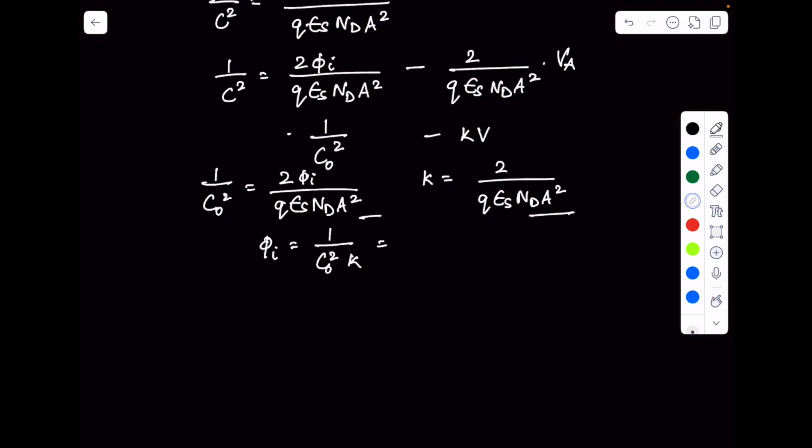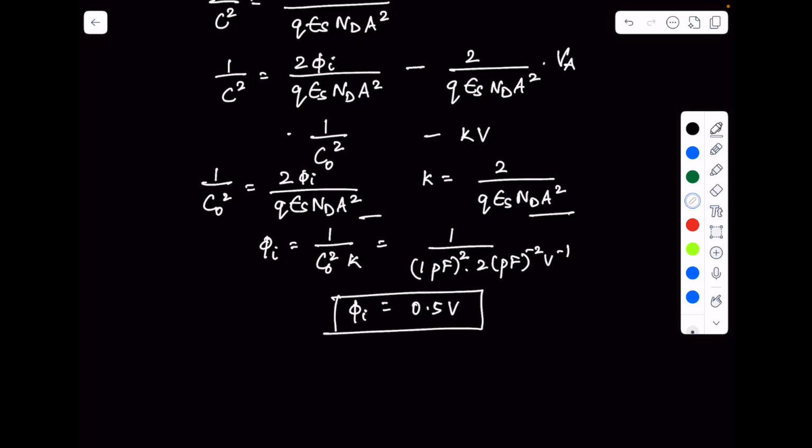That is 1/(1 pF)² divided by 2 pF⁻² V⁻¹, and this gives us 0.5 volts. So the built-in voltage of this Schottky diode is half a volt.